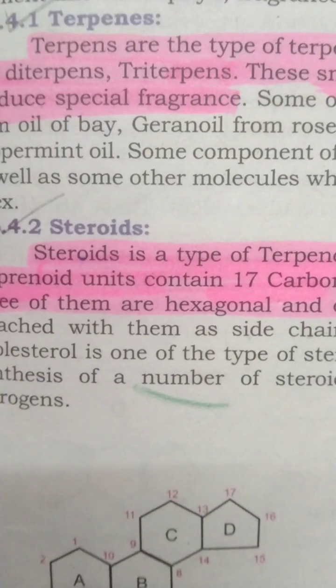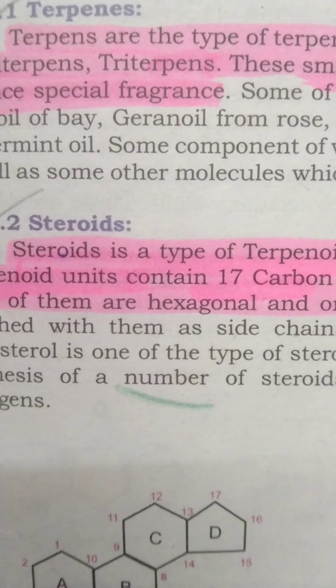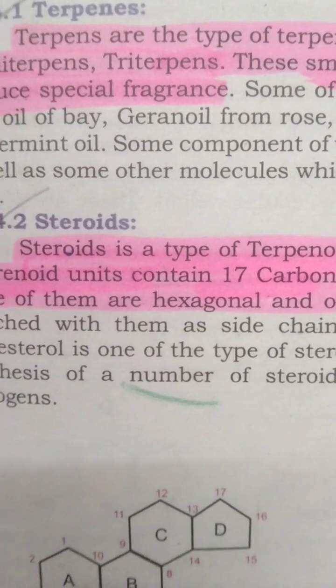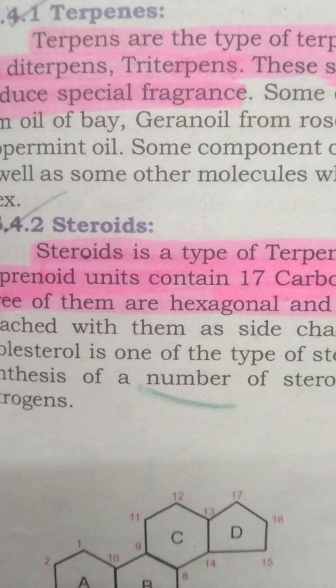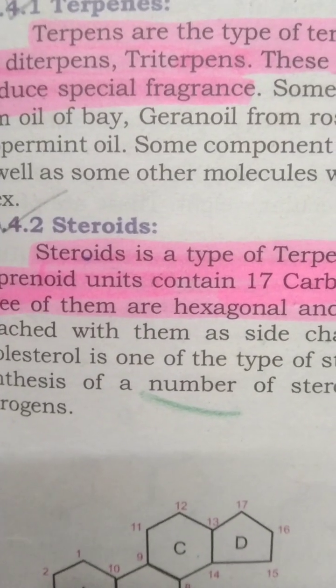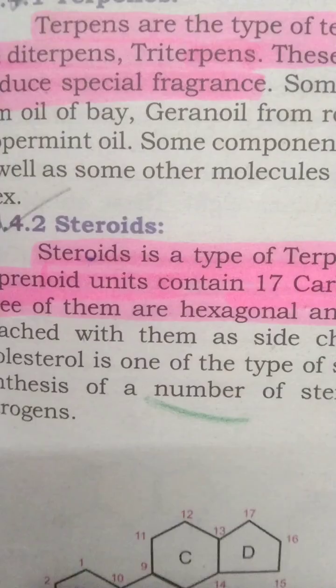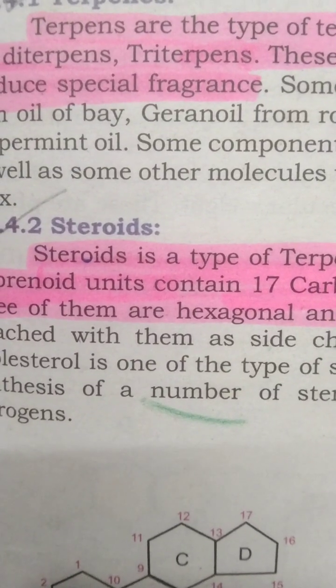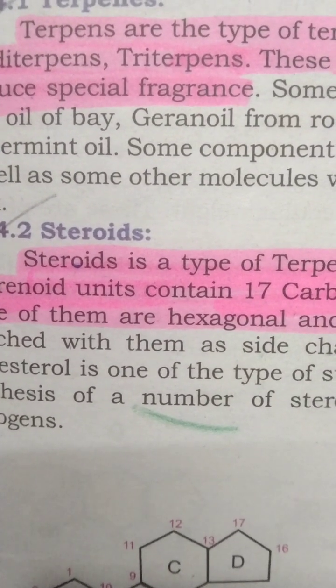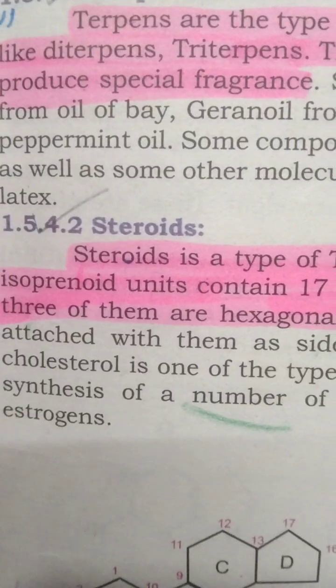Terpenes are a type of terpenoid which form isoprenoids such as diterpenes or triterpenes. They are important because they are used in perfumes, and vitamin A and vitamin E are also components of it. Synthesis of rubber and latex are also concerned with terpenes.